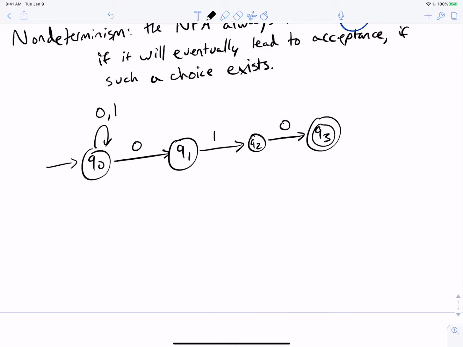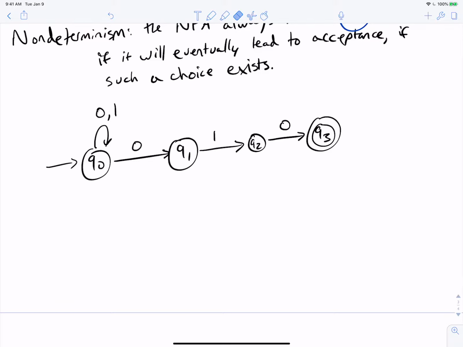This one doesn't happen to have any epsilon transitions, but it follows the rules of NFAs. It has states, it has transitions, and with the Q0 state, we have 2 transitions on 0. For all the other states, we have some missing transitions, and in fact, Q3 has no transitions coming out of it.